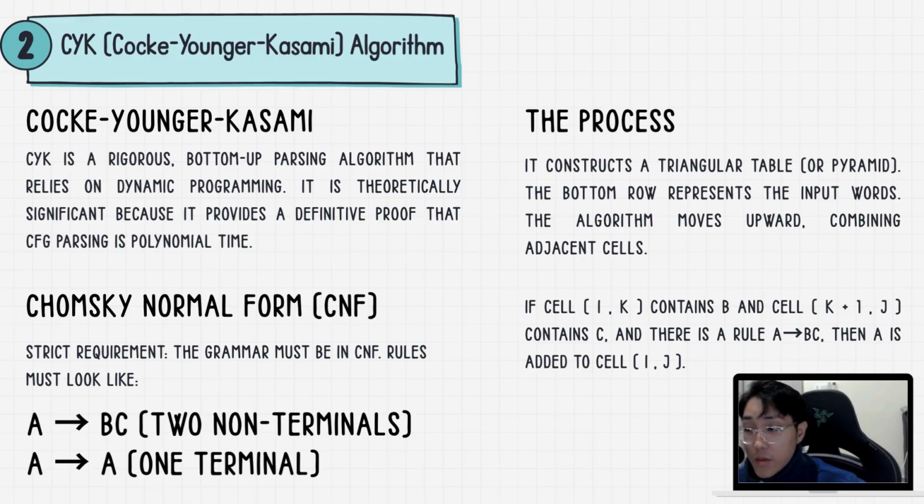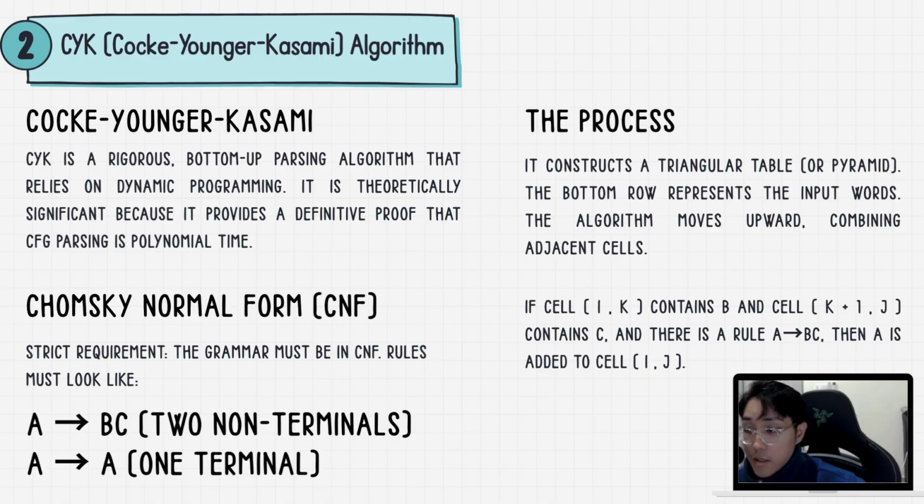One key requirement for CYK is that the grammar must be in Chomsky normal form, or CNF. This means that every rule must either produce two non-terminals like A equals BC, or one terminal like A to small a.